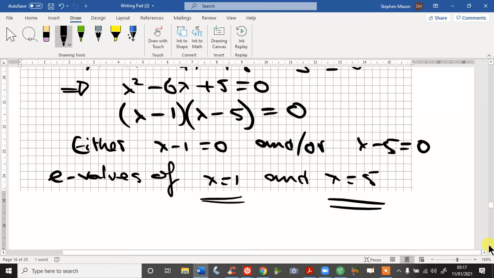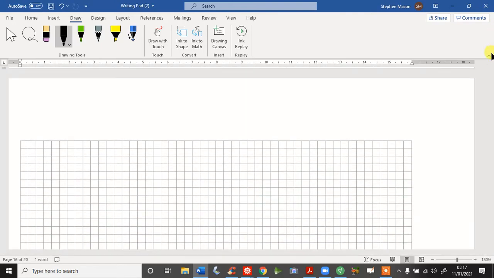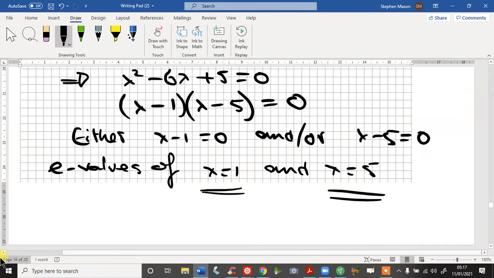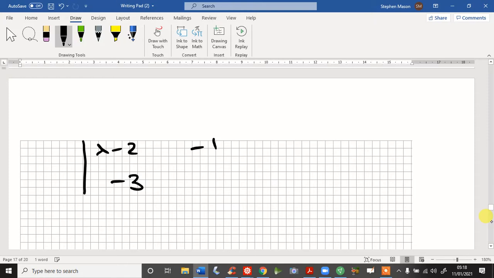Now the next step is to find the eigenvectors. I hope I called those the eigenvalues. Yes, those are the eigenvalues. Now we have to find the eigenvectors. So we have our matrix, we'll just write it like this for now: lambda minus 2, minus 1, minus 3, and lambda minus 4.